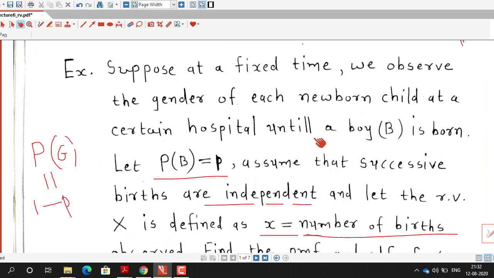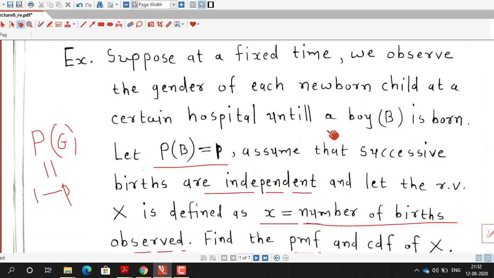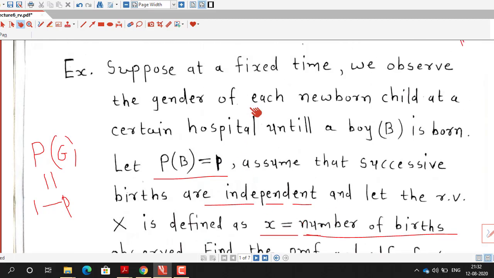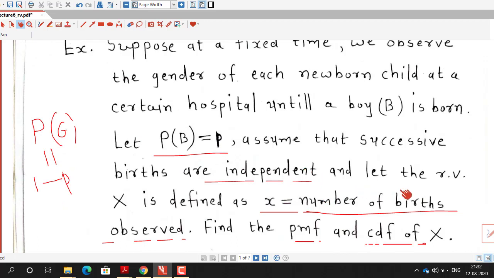If the first born child is a boy, then the number of births observed will be 1.